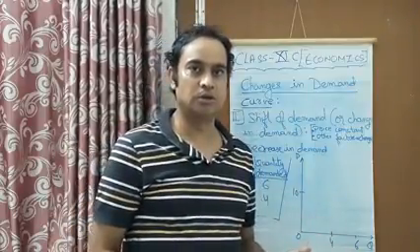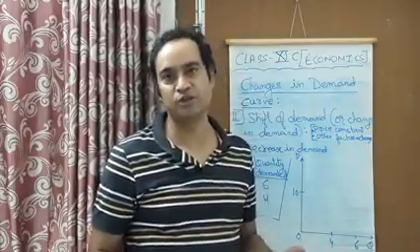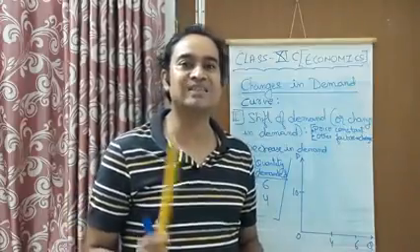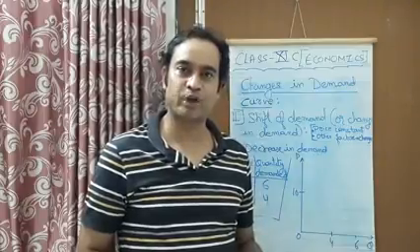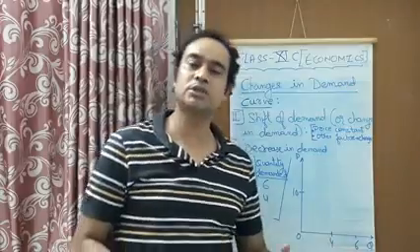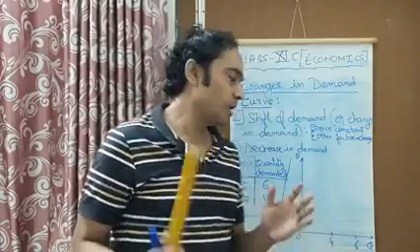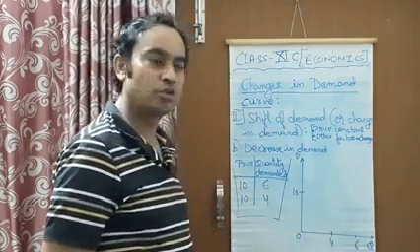So other factors may be, just now I told you before, like income of a consumer. If the income of a consumer is going to fall down, he will demand lesser superior goods. Superior goods he will demand in lesser quantity because his income has fallen down. And let's show it with graphical presentation also.